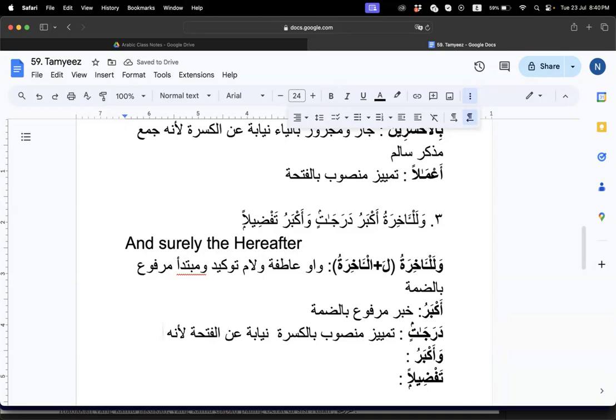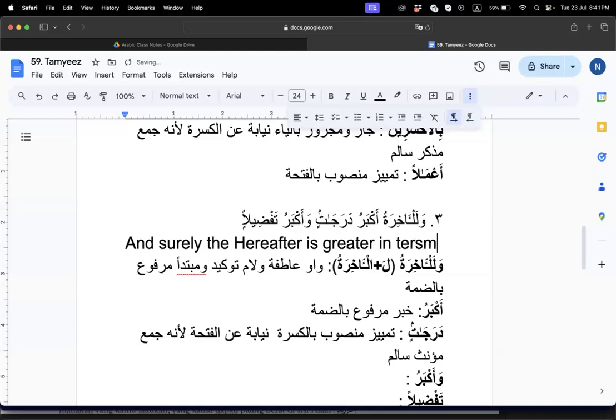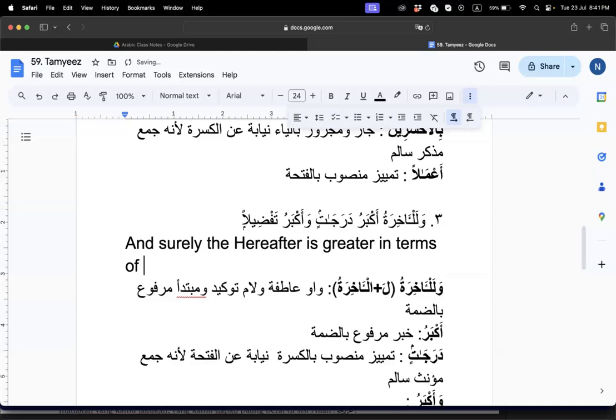Li'annahu jamak muannas salim. Yes, correct. So surely the hereafter is greater in terms of darajat, rank, degrees. Clear, inshallah?